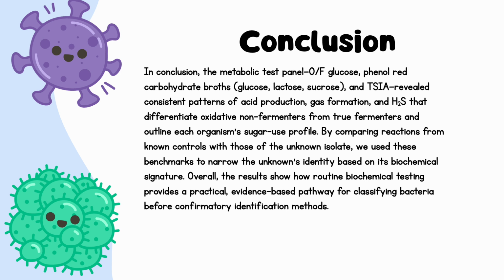By comparing reactions from known controls with the unknown isolate, we used these benchmarks to narrow the unknown's identity based on its biochemical structure. Overall, these results show how routine biochemical testing provides a practical, evidence-based pathway for classifying bacteria before confirmatory and identification methods.